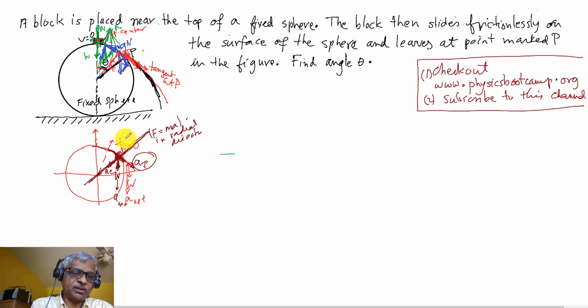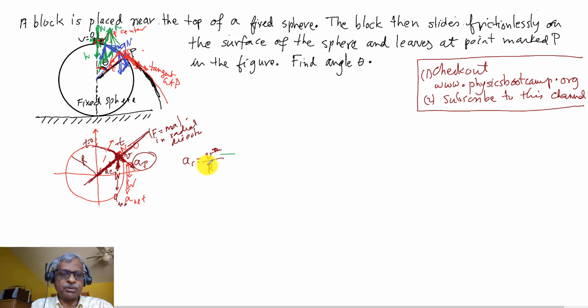At this point, let's call it point T, and this is t equals 0. So we'll look at that, and that will give us a relation for what the speed should be here. If the speed is v here, then AC is going to be v squared over r, where r is the radius of the sphere.